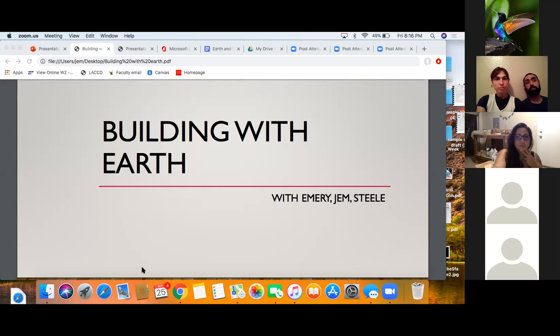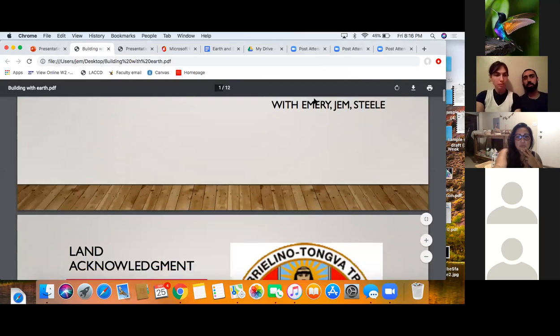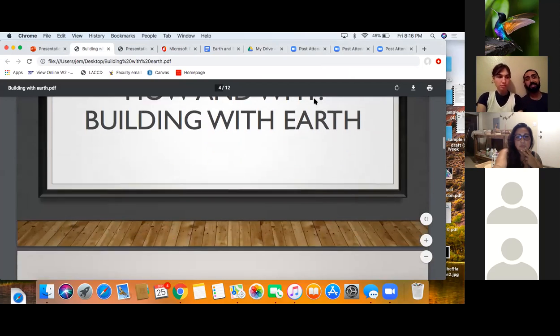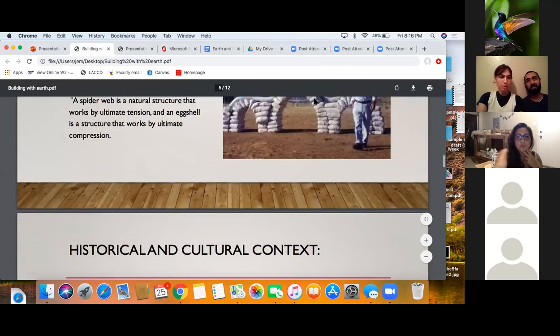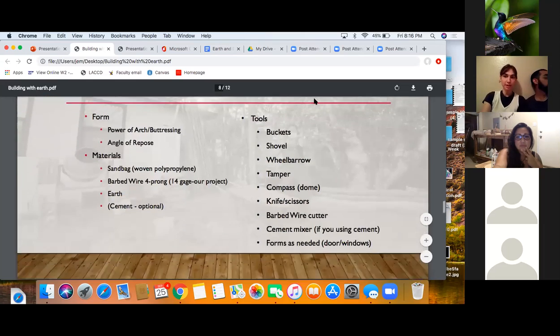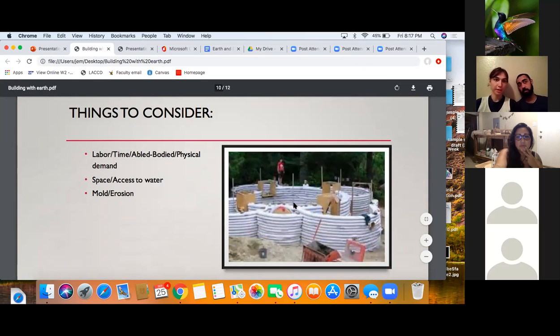Interesting. Second question was, can you please elaborate on the form and use of tires? Sure. I saw that one. I tried to speak to it earlier. Any form that you're going to put in the wall, you just build around it, and then you have a hole in the wall where the form is. You'd want to be cautious, because there's the chance that when the cement in the bag dries, it could essentially encase what you're going to be using as a form.